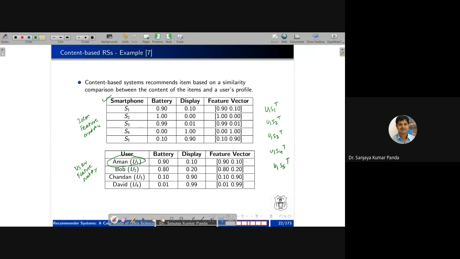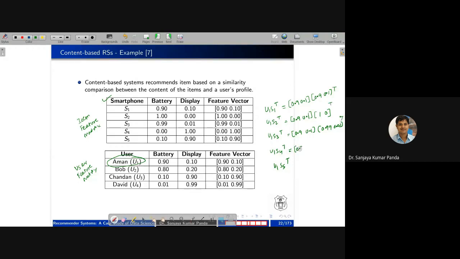You will take U1 S1 transpose, U1 S2 transpose, U1 S3 transpose, U1 S4 transpose, U1 S5 transpose. So for U1 you have 0.9, 0.1. For U1 S1 transpose, 0.9, 0.1 with 1 and 0. Here also 0.9, 0.1 with 0.99 and 0.01 transpose.